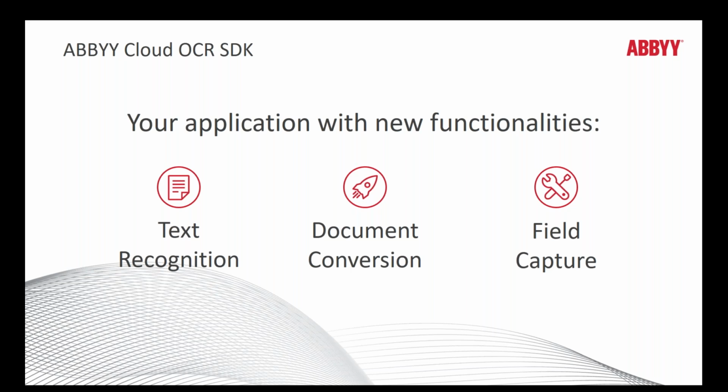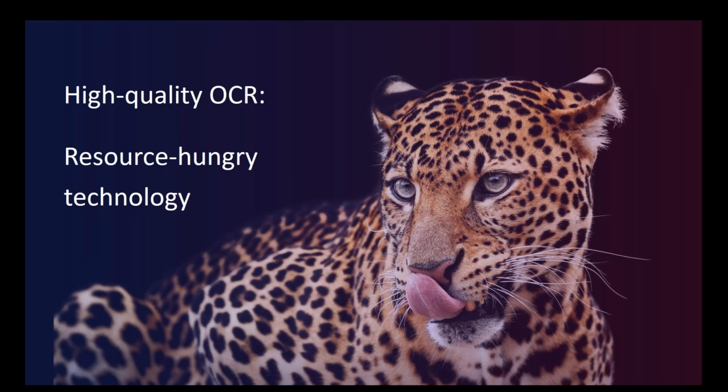So the question you might ask is how these two topics, cloud computing, cloud infrastructure, and OCR, fit together. And we at ABBYY believe that they fit together very well. Because if you want to have a high quality OCR technology, your technology will need to perform very many steps.